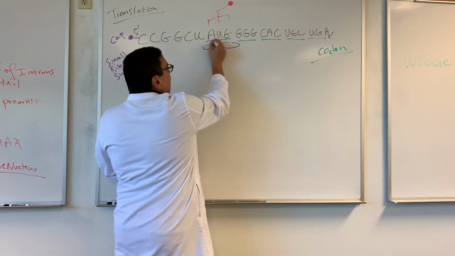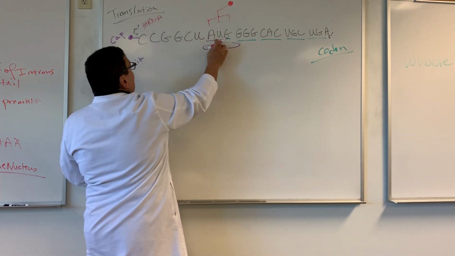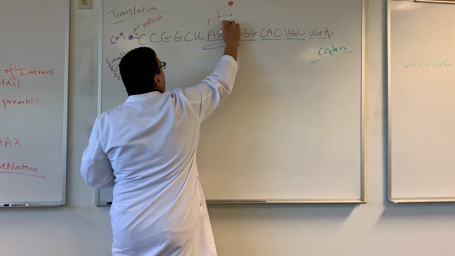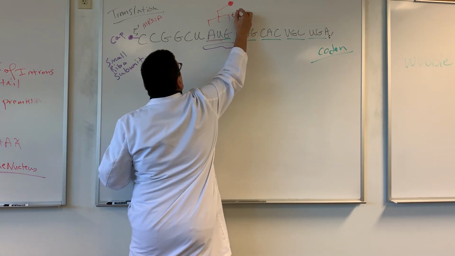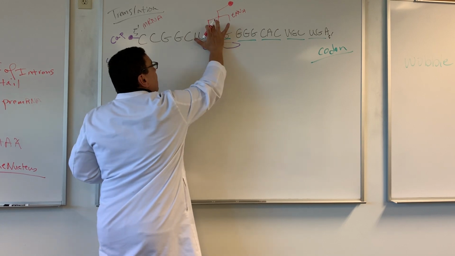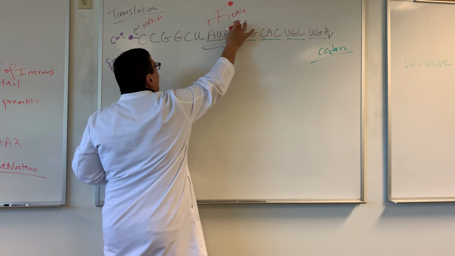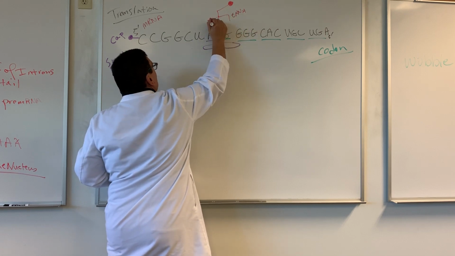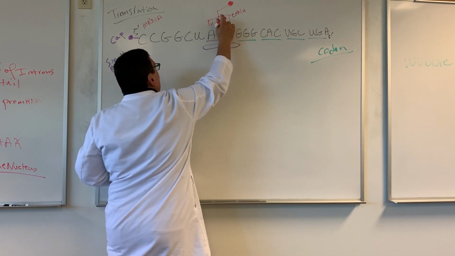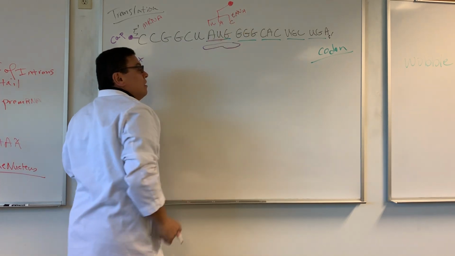This is the codon on the mRNA. What is complementary to the codon? The anticodon on the tRNA. So for every A, there's a, not T, it's RNA, U. For every U, there's a, for every G, there's a, there we go.